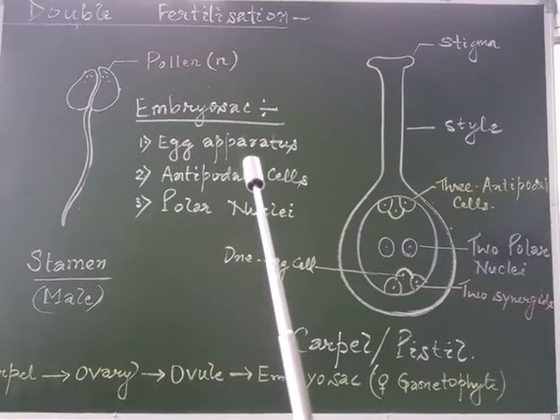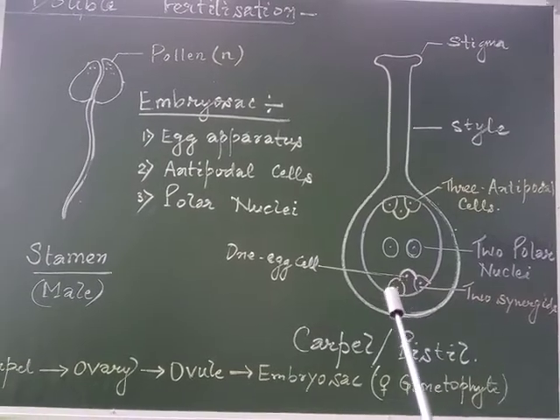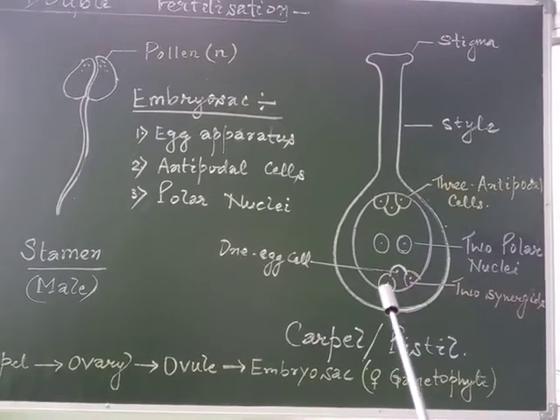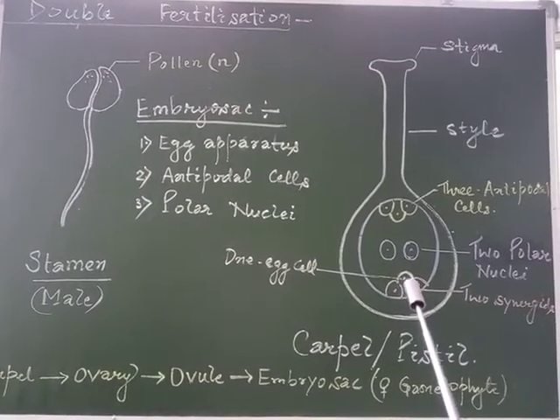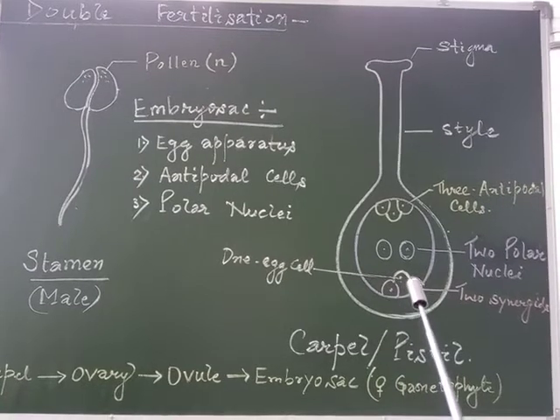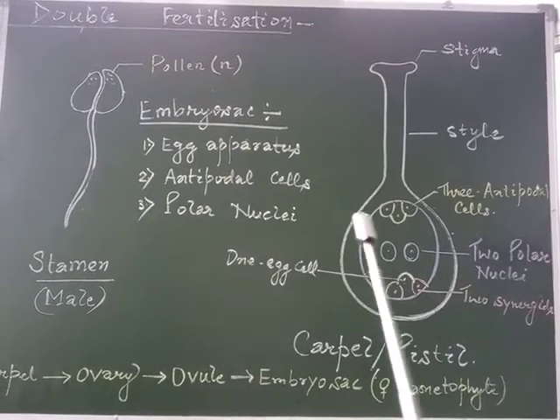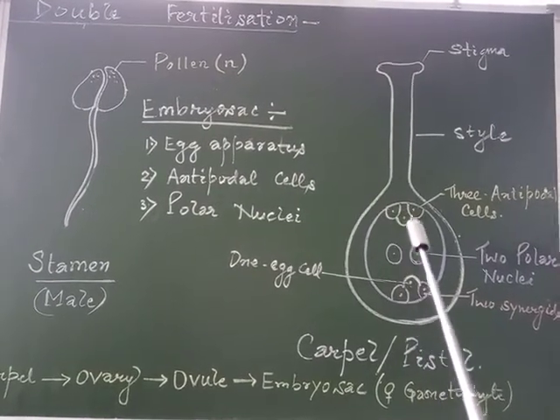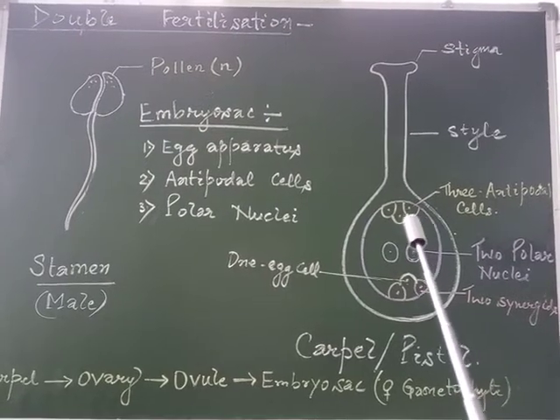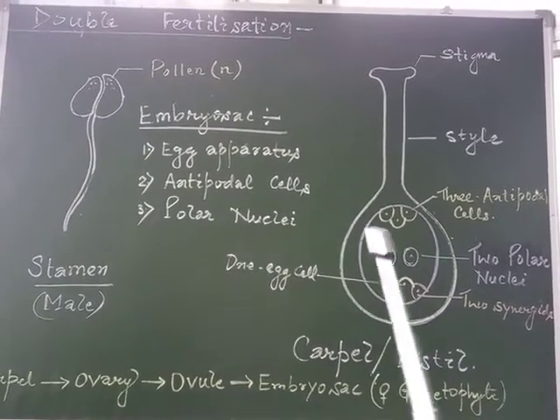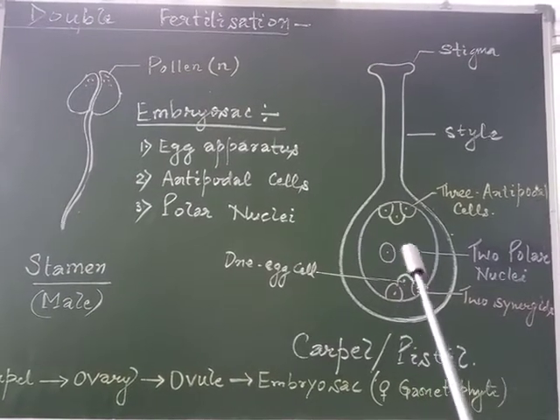The egg apparatus consists of one egg cell along with two synergids, whereas three antipodal cells are present, as drawn here, and two polar nuclei.